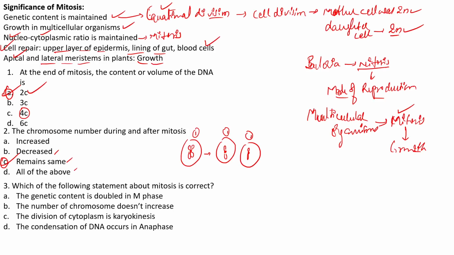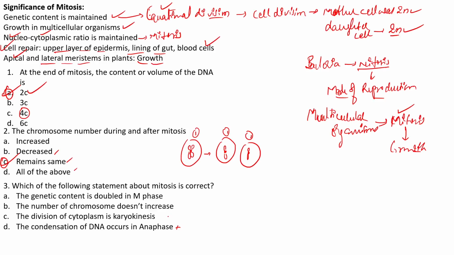So the next question: which of the following statements about mitosis is correct? A, the genetic content is doubled in the M phase, and the number of chromosomes doesn't increase, and the division of cytoplasm is called karyokinesis. B, the condensation of DNA is the anaphase. The condensation of DNA mainly starts in the prophase, but becomes more clearly visible in metaphase, so this is not a correct statement.